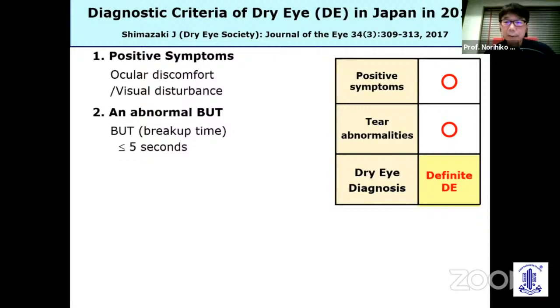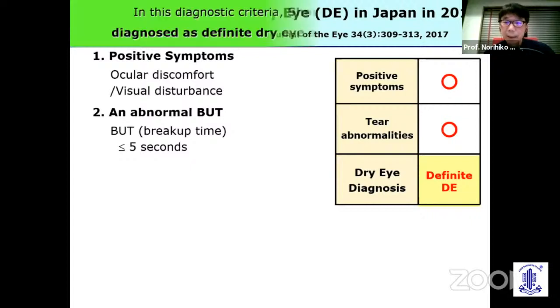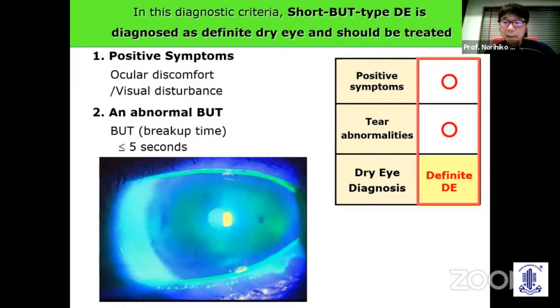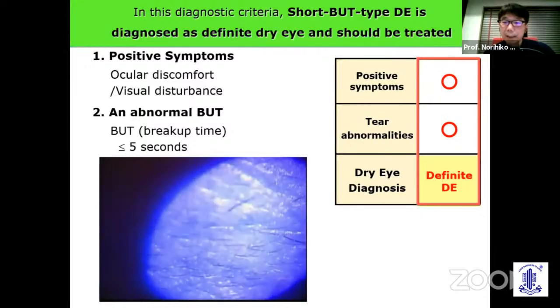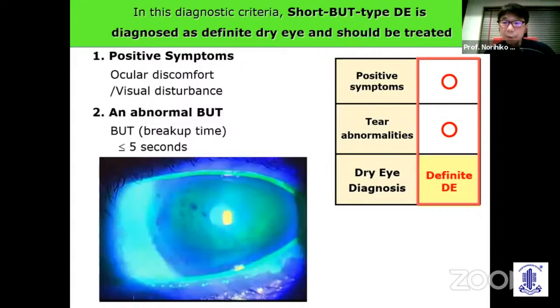In these 2016 criteria, the definition became very simple and involves only positive symptoms related to ocular discomfort and/or visual disturbance, and an abnormal BUT of less than or equal to 5 seconds. In these diagnostic criteria, short BUT type dry eye is diagnosed as definite dry eye and should be treated.